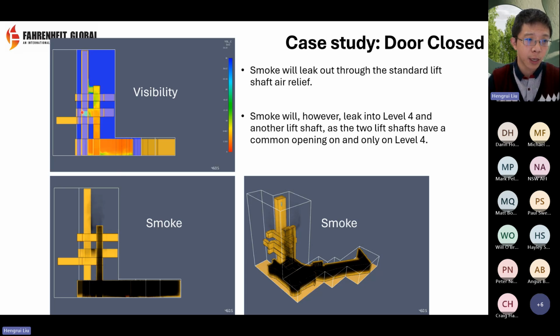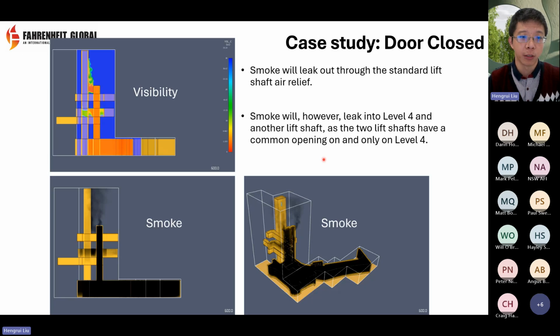At around 450 seconds, the smoke actually penetrates to another lift shaft. That's because the two lift shafts are connected to the ambient, so they have a pressure difference. They have a lower pressure inside the lift shaft, higher pressure in the fire cabinet, allowing the smoke to penetrate through. So you see the smoke here as well, coming out or leaking out from the top of the lift shaft. So that's really a bad scenario.